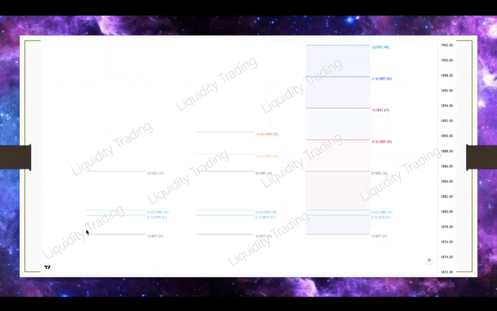Anything below this level, if I'm using the Fib, I'm not using. Some people use the 88 or some levels below. I will not be using the 0.70. That's not a level I'm taking trades on. So I'm only focusing on the 62% retracement level in the market.